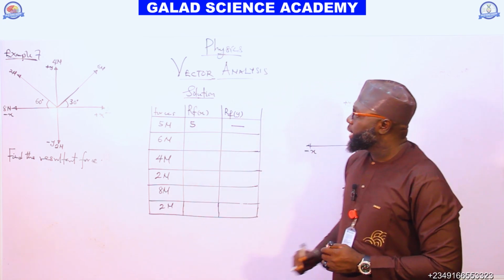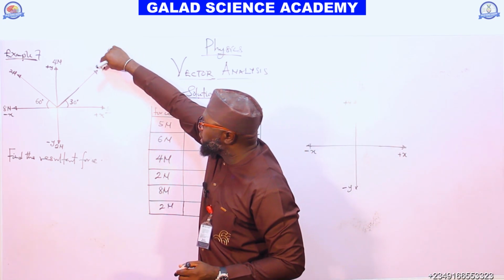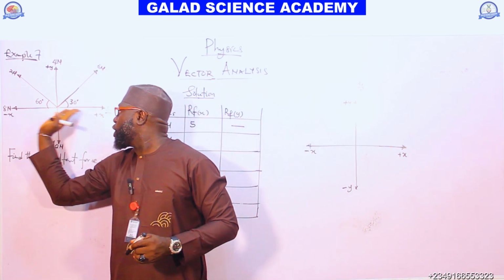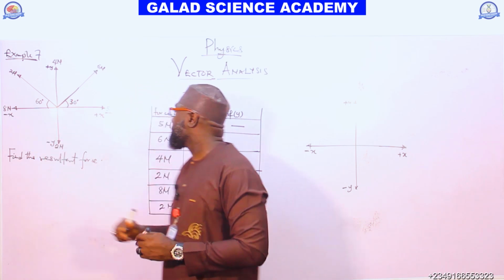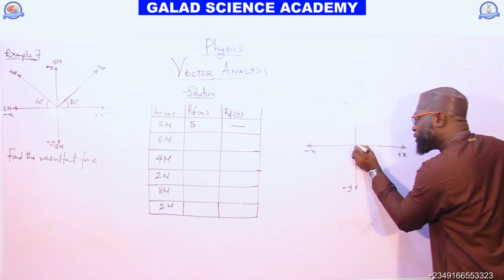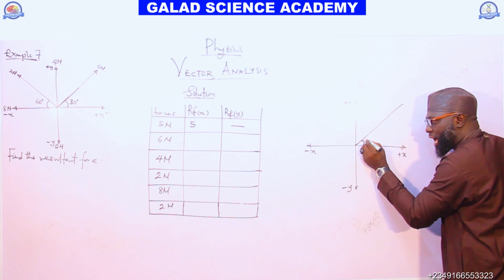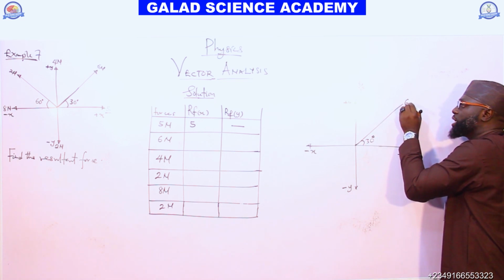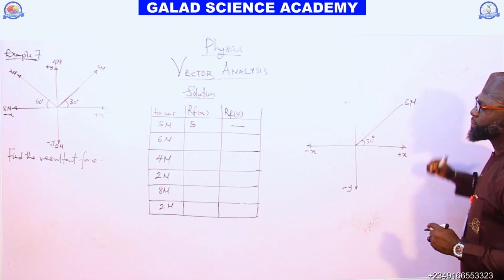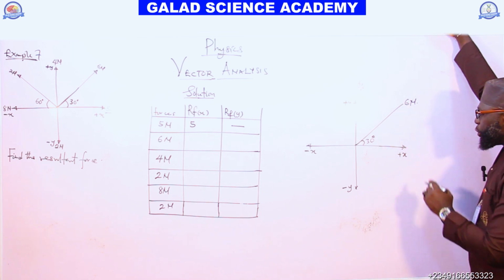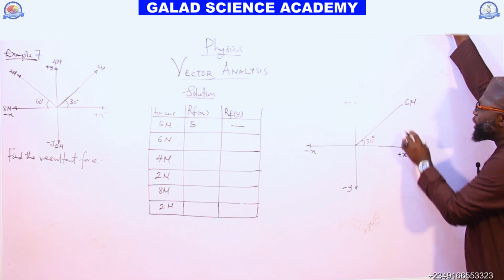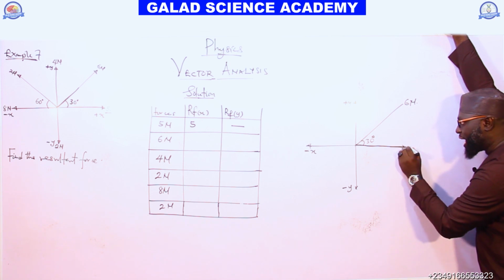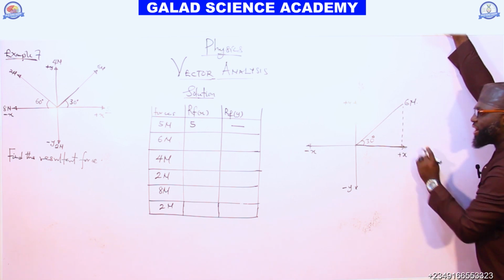The next force is 6 Newton, and it is inclined to the horizontal by 30 degrees. So the next thing we need to do is resolve this 6 Newton into the horizontal line and the vertical line.